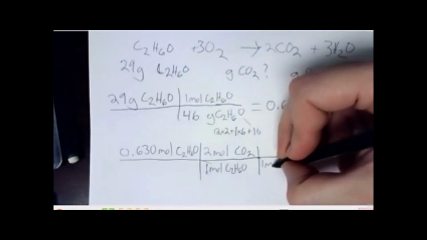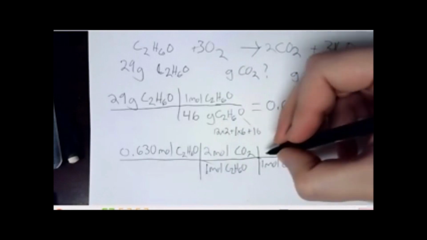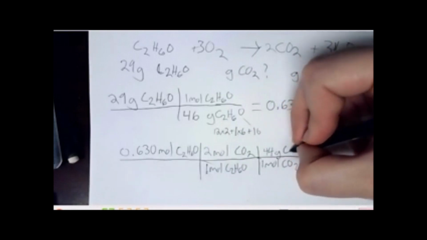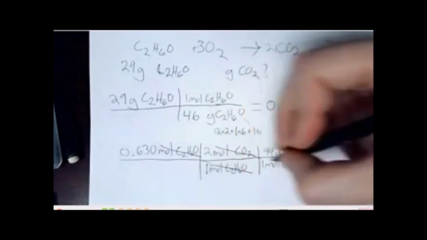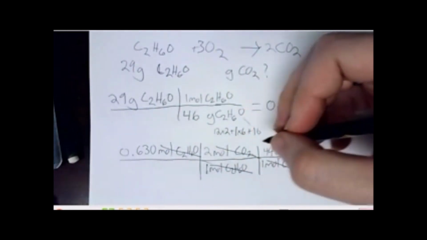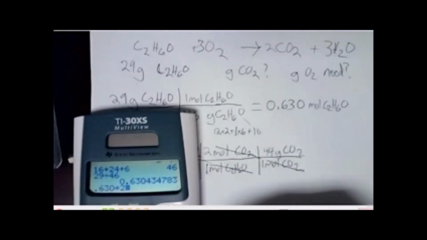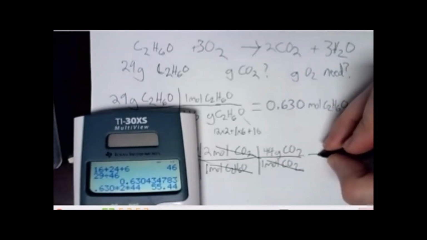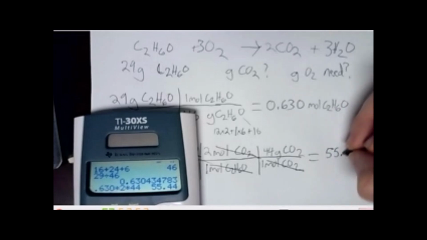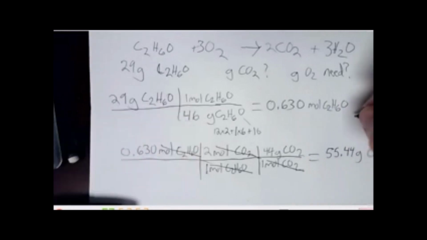And for every 1 mole of CO2, that weighs exactly 44 grams of CO2. Note that moles of ethanol cancel moles of ethanol. Moles of CO2 cancel moles of CO2. So my math becomes 0.630 times 2 times 44. And you get 55.44 grams of CO2 produced.